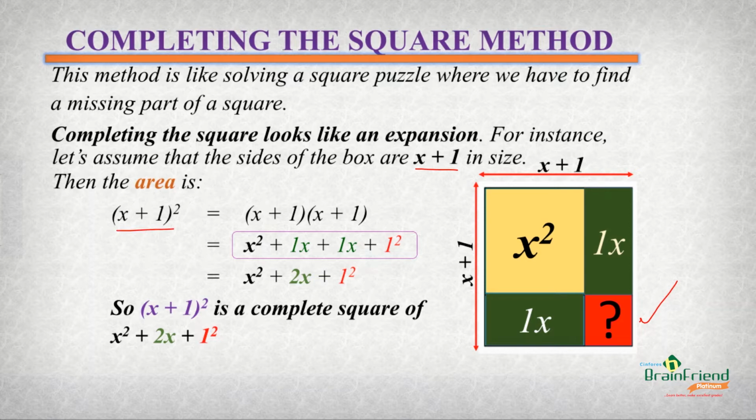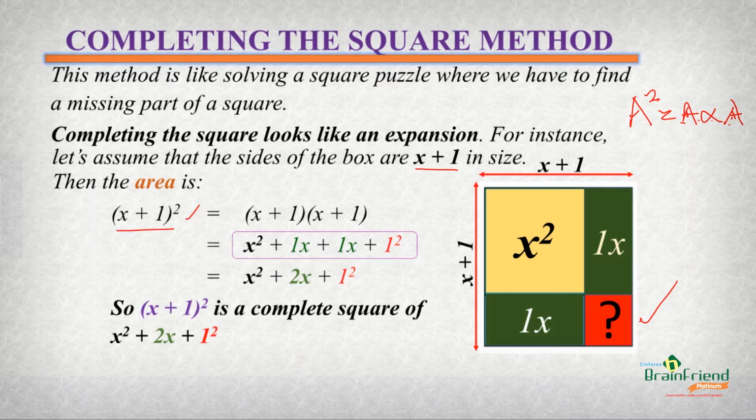And so if we expand this x plus 1 squared, we would have x plus 1 times x plus 1. Please take note, if you have a squared, it's just the same thing as saying a times a. That's exactly what we did here. So now we have x plus 1 times x plus 1.